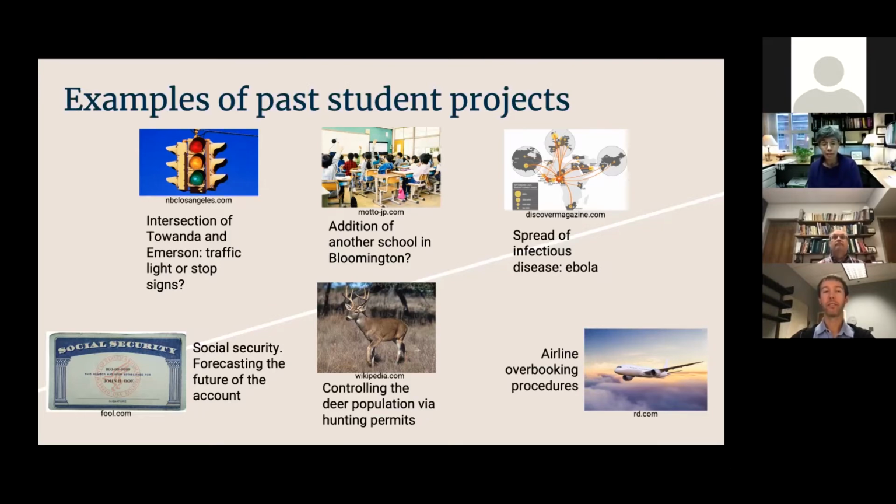For example, controlling the deer population via hunting permits. This was a student in the class who is from Iowa, and as a hobby, he likes to hunt, and he does that with his father. That particular semester, he told us that the hunters were unhappy because of the hunting permits.